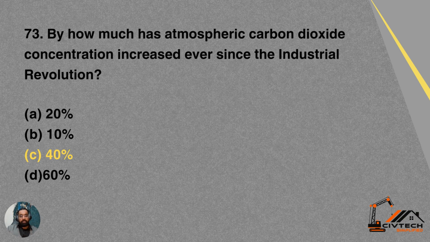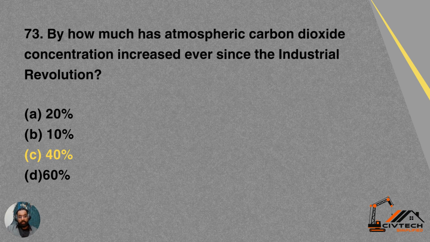Question 73. By how much has atmospheric carbon dioxide concentration increased ever since the Industrial Revolution? Option A 20%, option B 10%, option C 40%, and option D 60%.